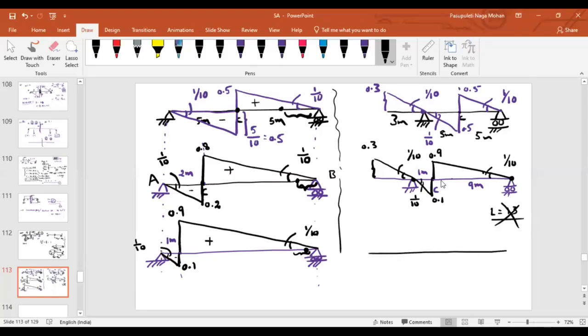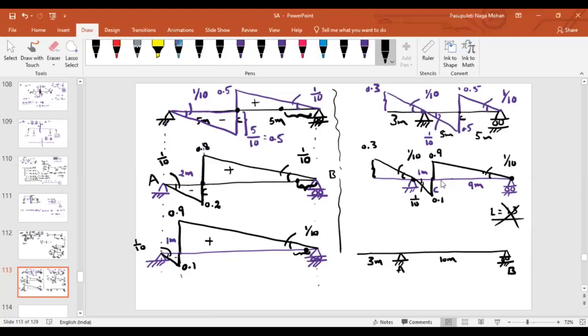Okay. Suppose, again, can I draw ILD exactly at support A? Can I draw ILD of shear force at point A?